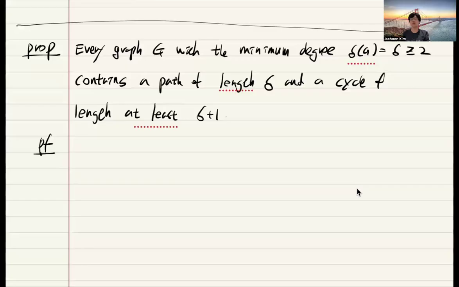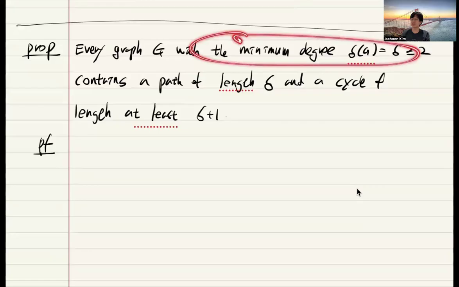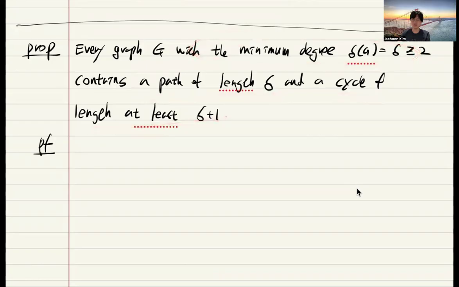So this again provides a connection between two different concepts: the minimum degree and paths of certain length or cycles of certain length.